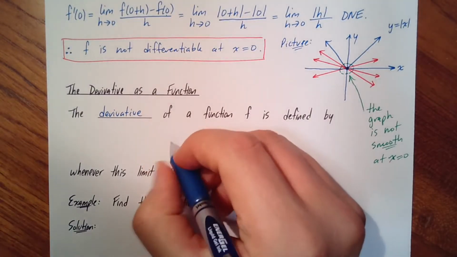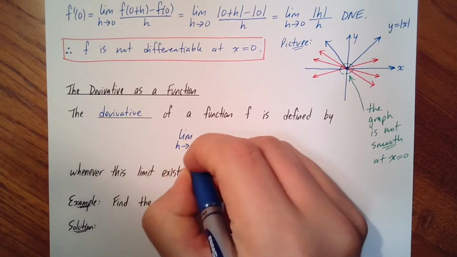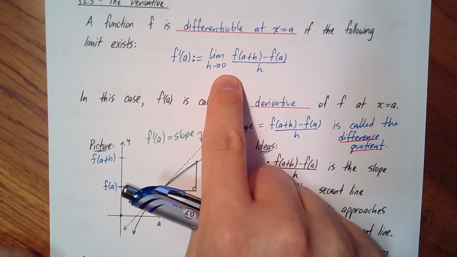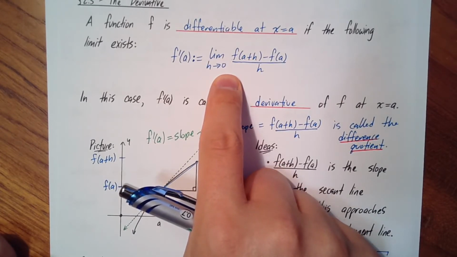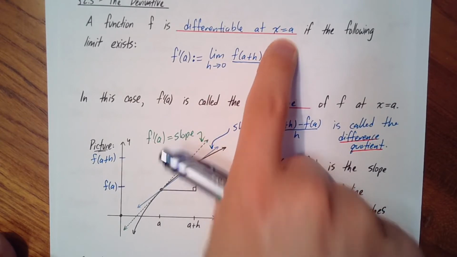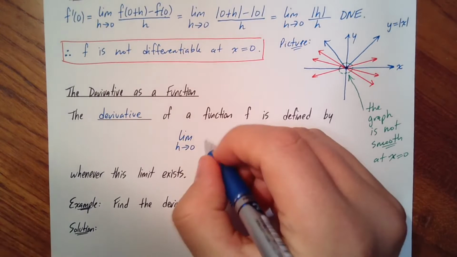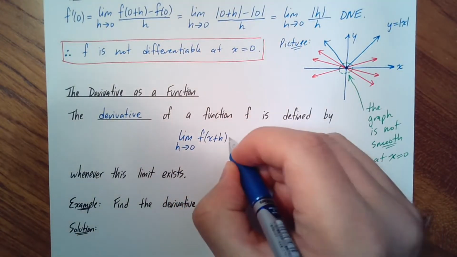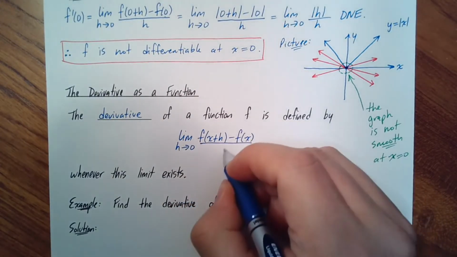Okay, so we take the limit as h goes to 0. It's going to look an awful lot like this definition, except the only difference is instead of talking about a particular point a, a particular point x equals a, we're just going to say at x. It's just going to be a function of x. So the limit as h goes to 0 of f of x plus h minus f of x, all divided by h.